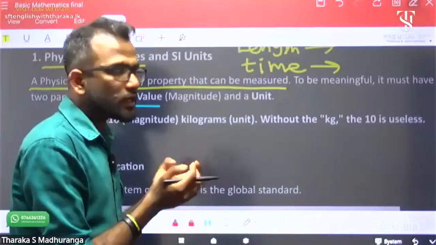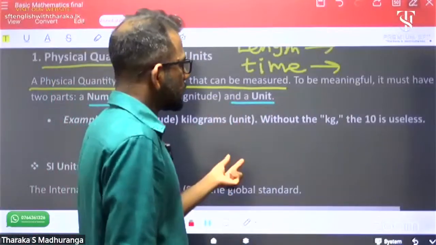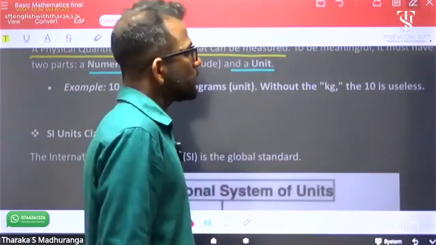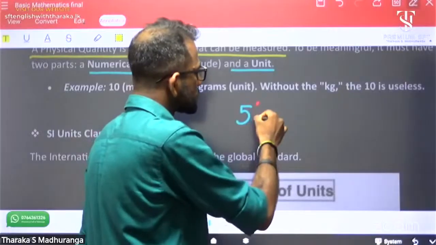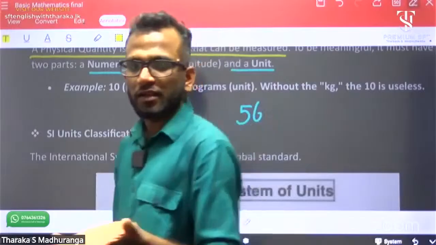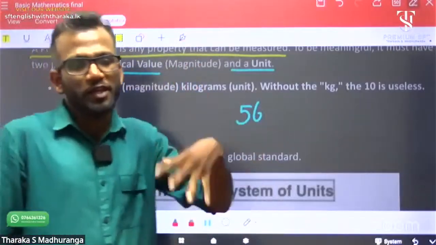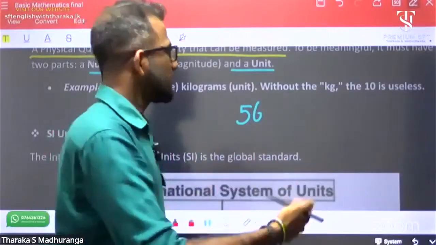It should have magnitude as well as a unit. Think if I told you my mass is 56. Can you understand? Is it gram or kilogram?